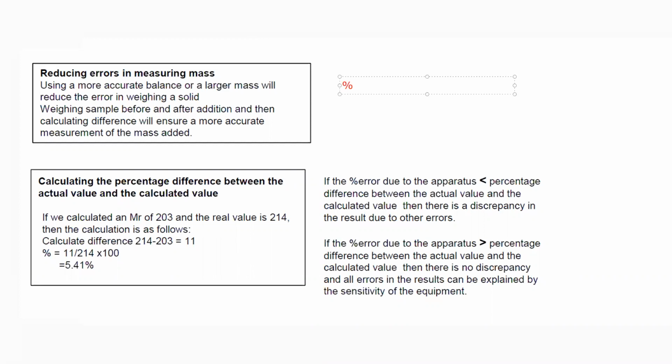It depends. If a standard value is given, then percentage difference equals maximum minus minimum divided by standard value into 100. That's if the standard value is given.